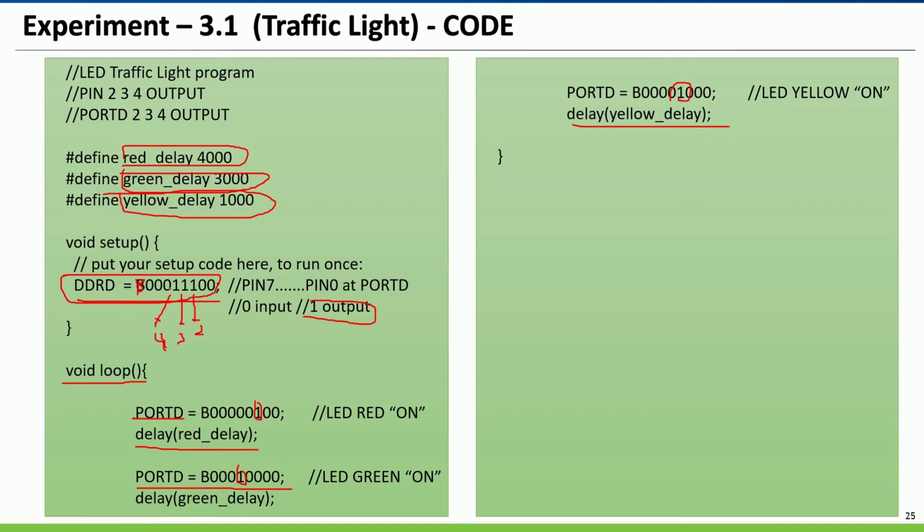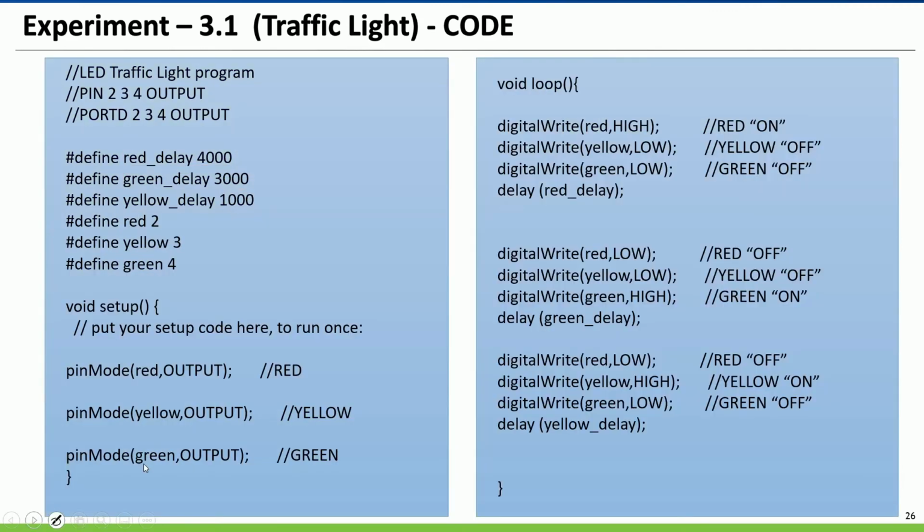This one is using the binary function. Another option is using basic digitalWrite and digital output. You just simply use pinMode like this, output for red, green, yellow, and for the loop also digitalWrite.